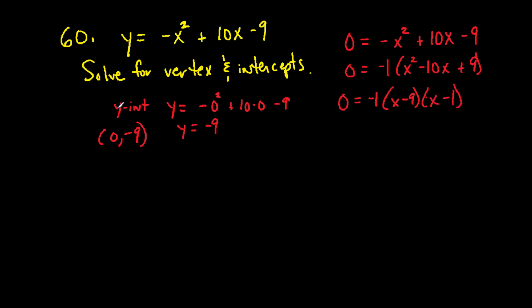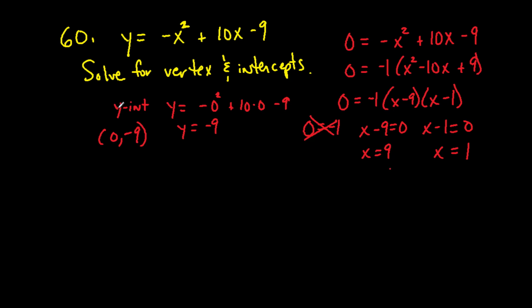Negative 9 times negative 1 is positive 9, and negative 9 plus negative 1 is negative 10. Setting all three of these factors equal to 0, we can see that this one is an extraneous solution: 0 equals negative 1 is false. You can add 9 to both sides and add 1 to both sides.